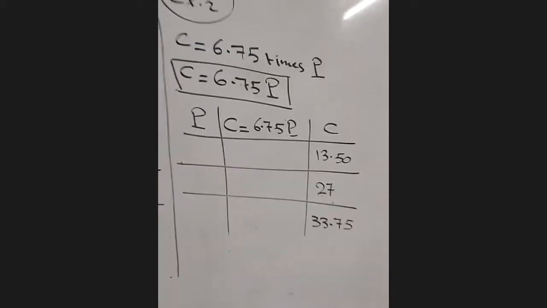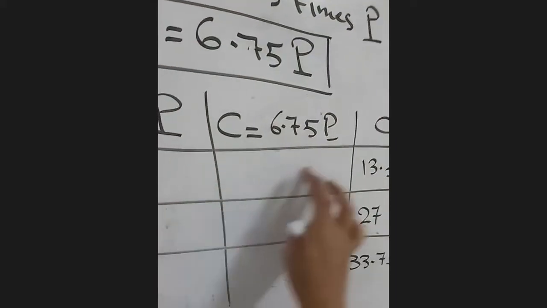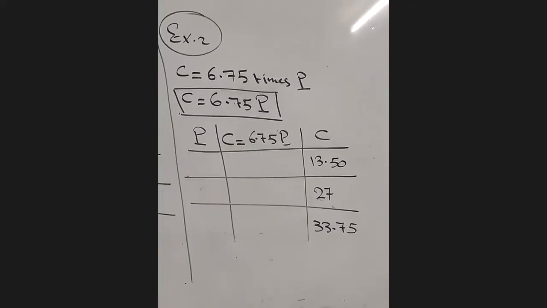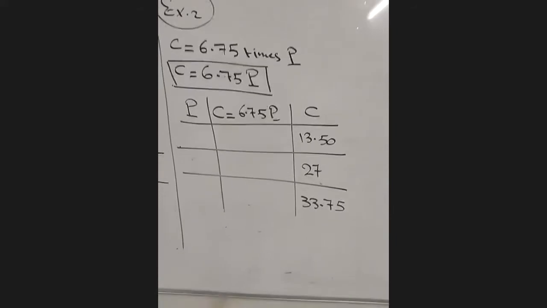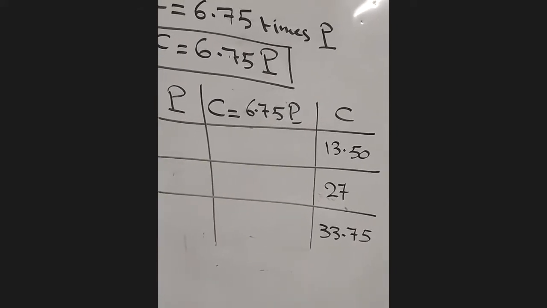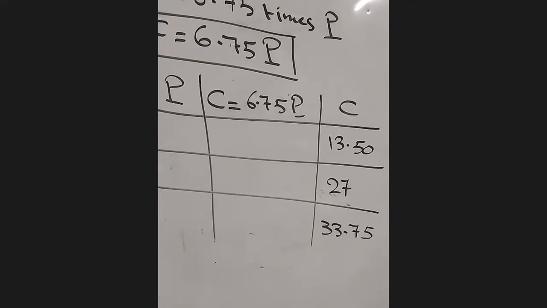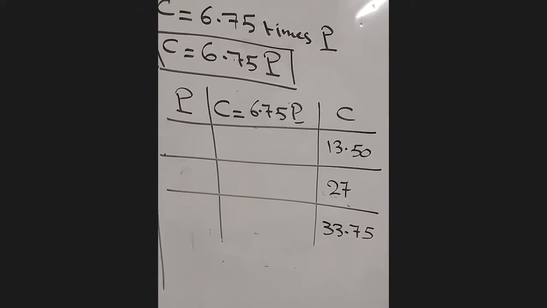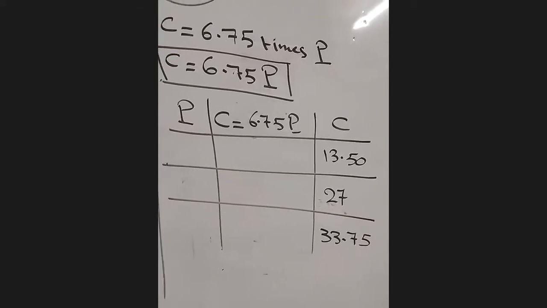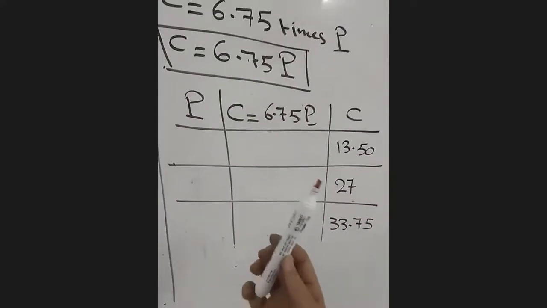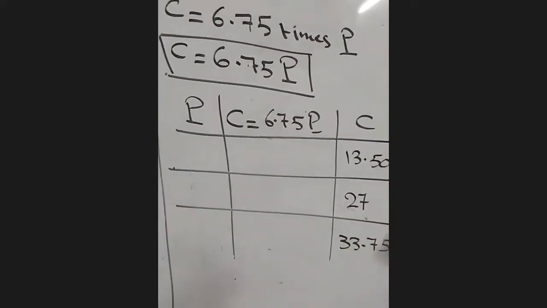Now tell me, what will I do here? We will write C equal 6.75 multiply. I don't know. I don't know. I like that you said I don't know. Good. Now what's the given, Abdul Rahman? P or C?